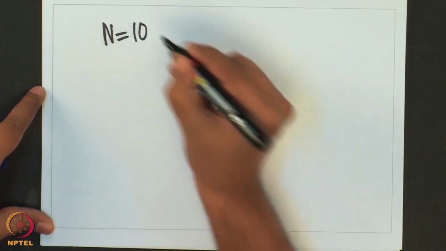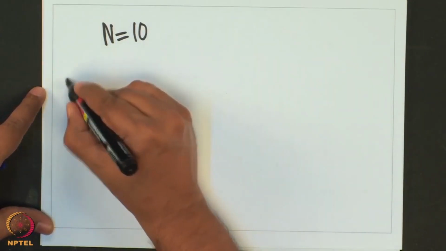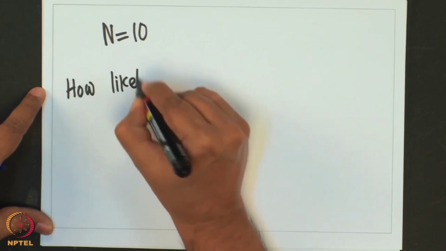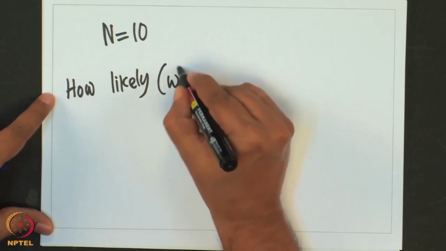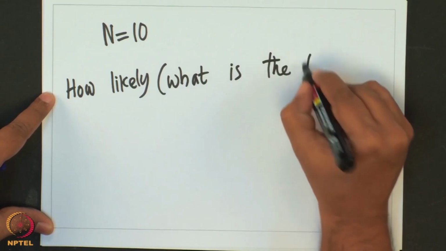So let us take some simple examples. Let us take the case of n is equal to 10. So there are 10 individuals or 10 couples or 10 tossings, and we would ask the question how likely, which is the same as what is the probability.